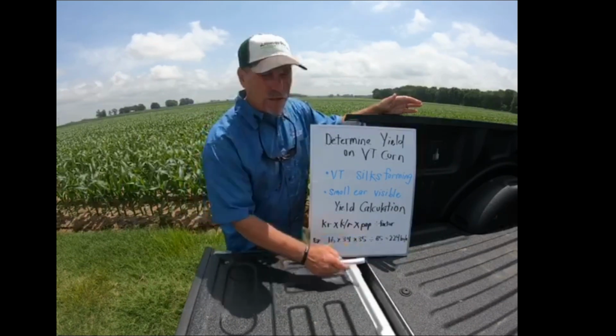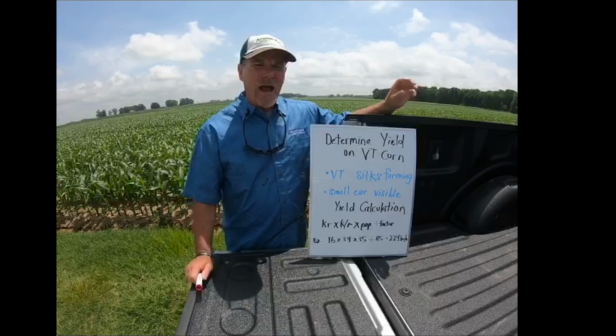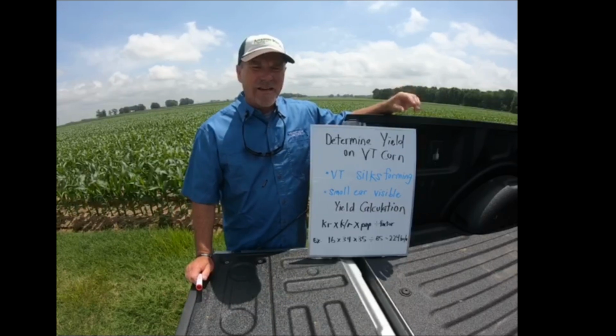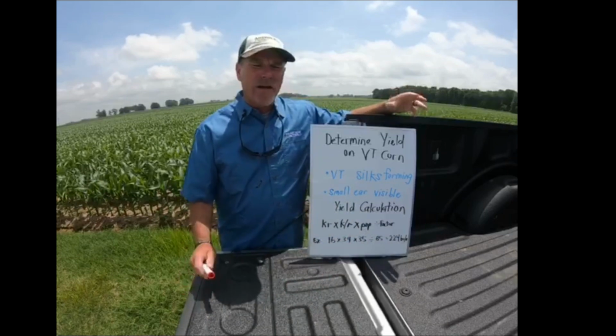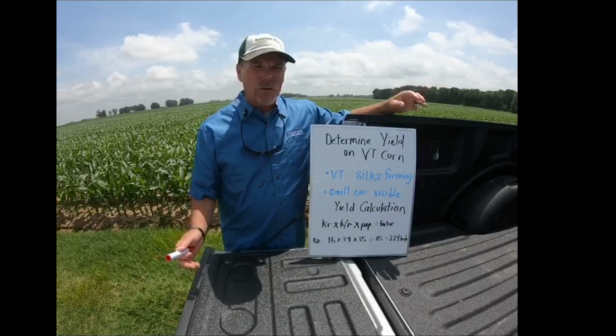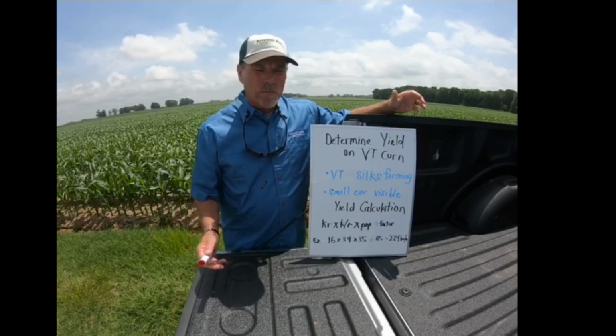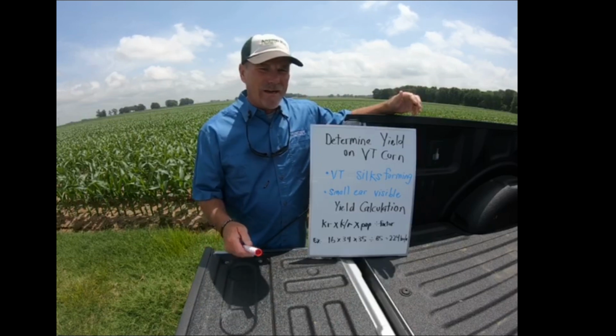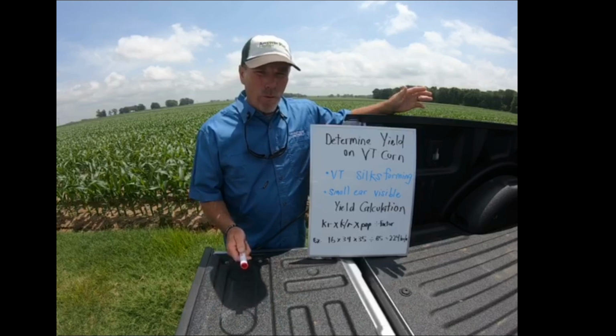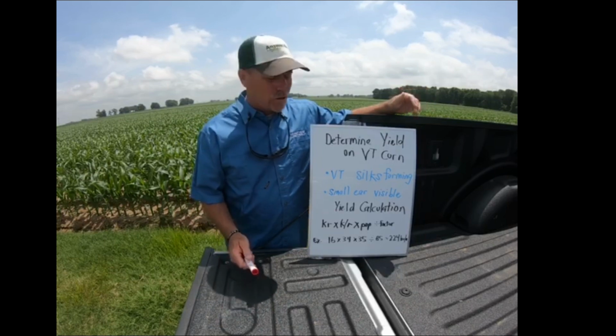Basically, the factor is how many kernels it takes to make a bushel of corn. In the case where I used 85, I'm saying 85,000 kernels to make a bushel of corn. If the kernel depth is shallow, we're going to divide by 90. This would be relatively poor production corn, with low yield potential.